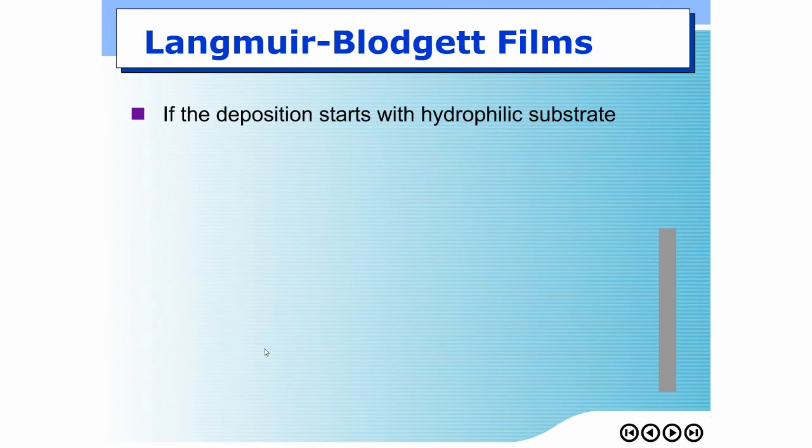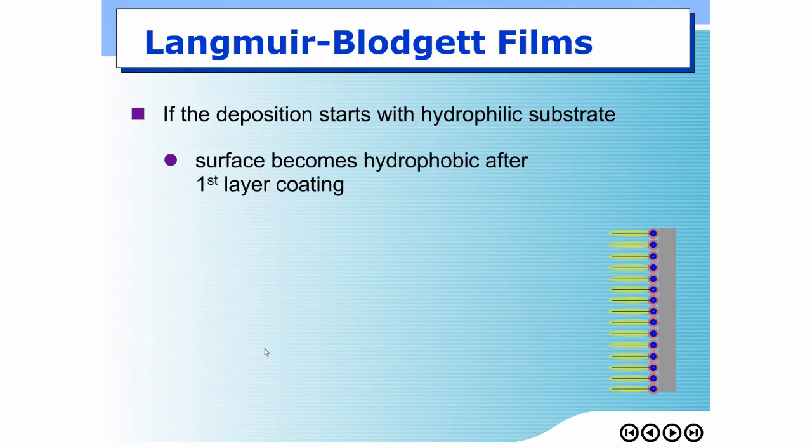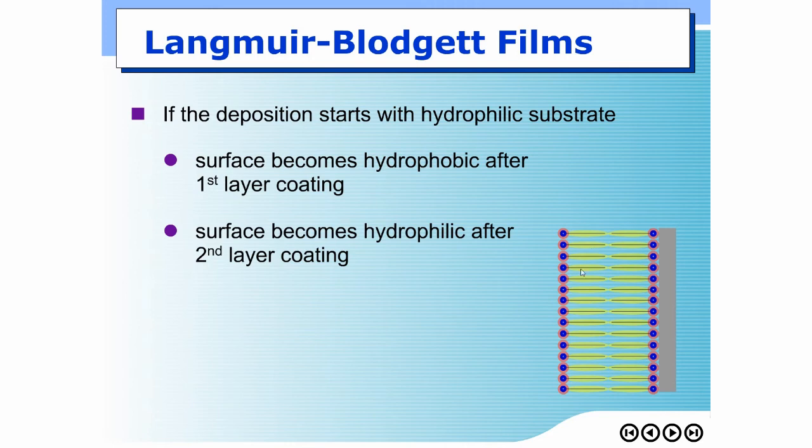Now if I start with a hydrophilic substrate, I form the first layer of surfactant on the substrate, and then the surface becomes hydrophobic. If you want to add another layer, then you have to form the layer when you push it down.